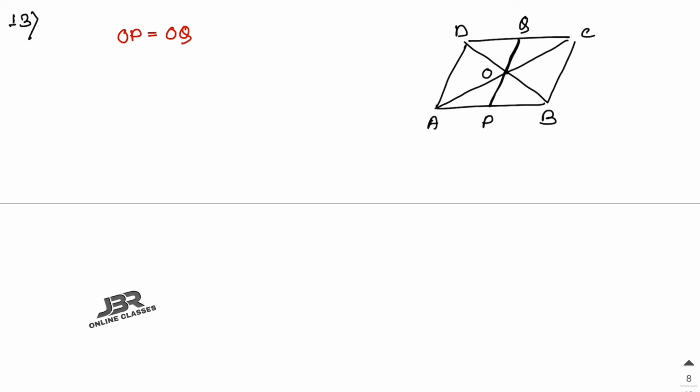Here the diagonals of the parallelogram bisect each other. You know that. That means you can write BO is equal to OD, and as well you can write AO is equal to OC. Now consider triangle AOP and triangle COQ.